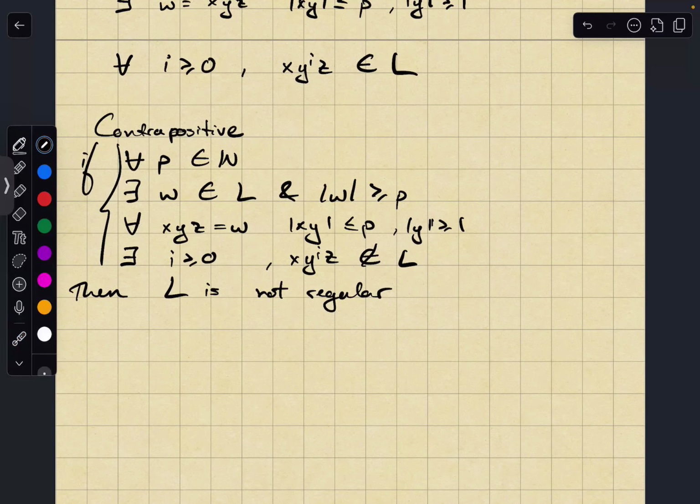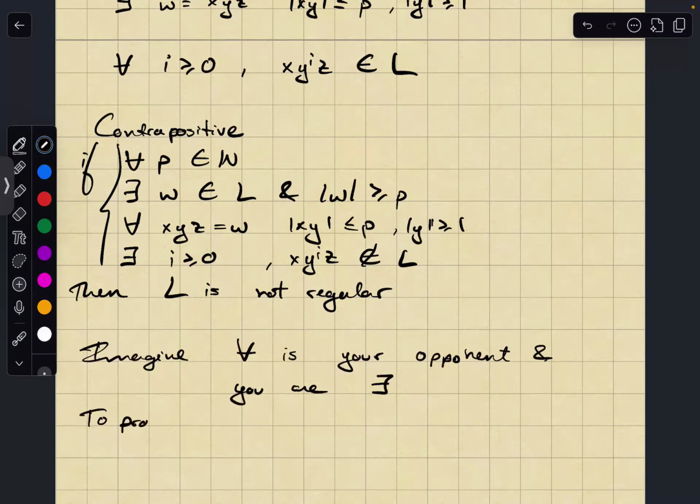Okay. So how am I going to actually implement this? Imagine for all is your opponent and you are the existential quantifier.